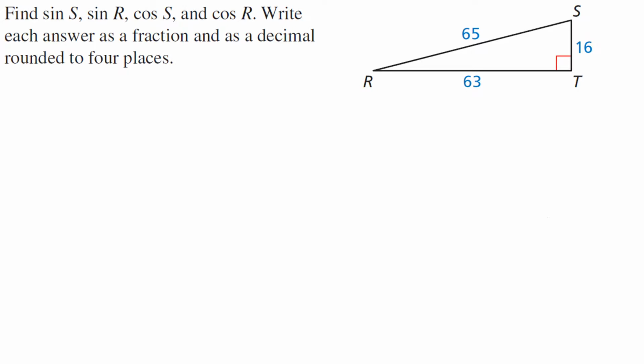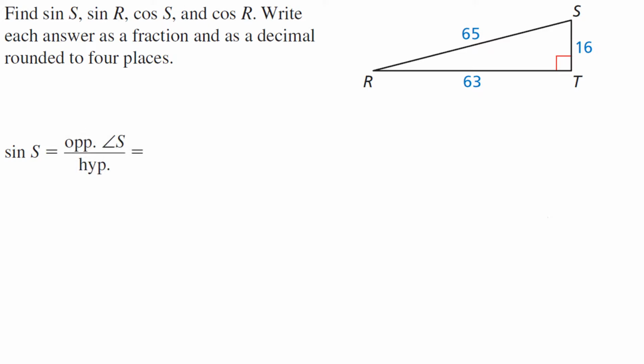Well, let's start with sine of S. Notice I don't say sin S, I say sine S. I'm looking for the sine of angle S. If I'm at S, it looks like opposite is 63, and the hypotenuse is 65.